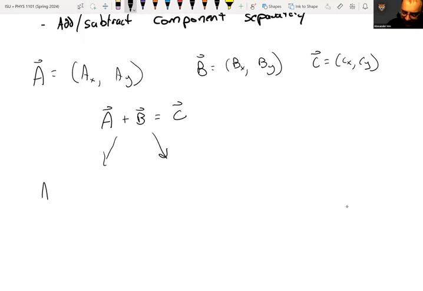It says basically that AX plus BX equals CX, not CY, CX, and AY plus BY equals CY. Okay, so I want to show a couple of examples of looking at that.